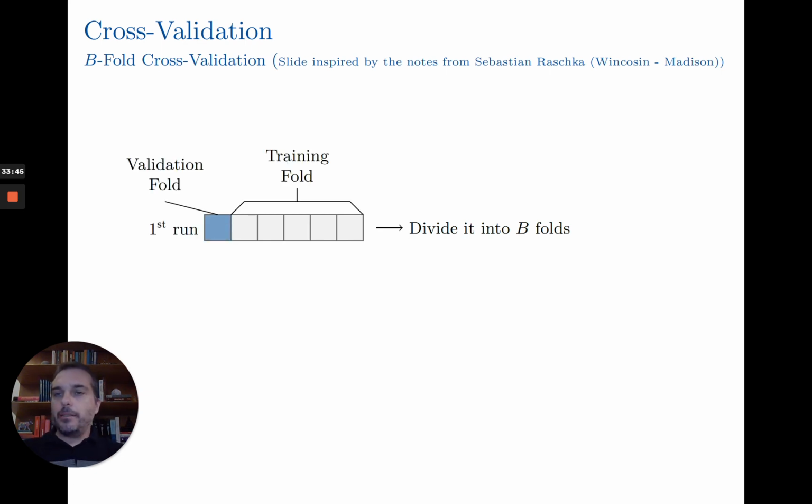Then we take the first fold to be our validation fold, and we use the remaining folds to train the model. So we train here, okay, and we validate here in the blue fold. This will be the first run, okay?